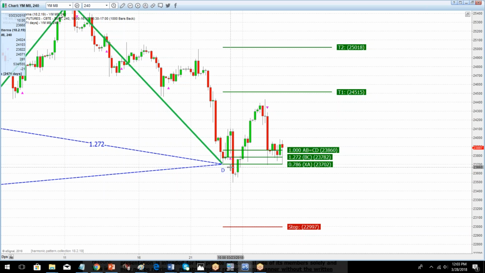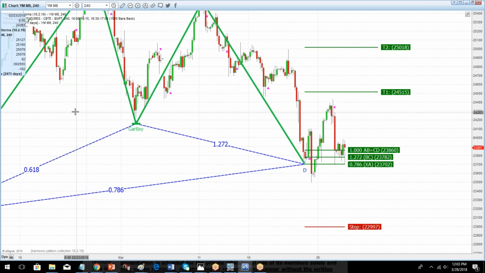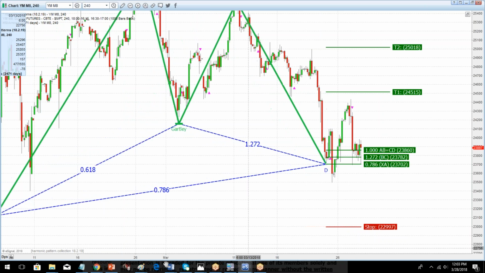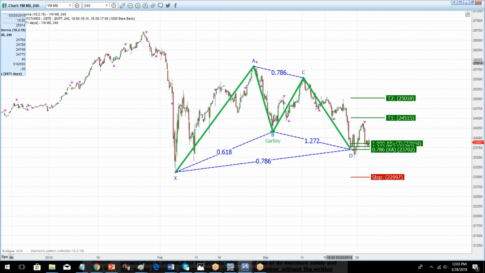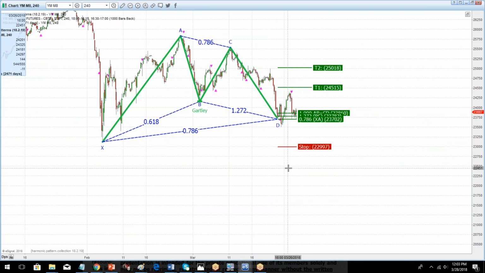Still early in the structure, but because the B point is at a 618, this type of pattern here, if this is going to work out in the Dow, it has to be at this 23,000 level. We fail, as many of you know, this can turn into a much larger extension pattern. I'm not going to talk about that today. I really want to just focus on this zone.